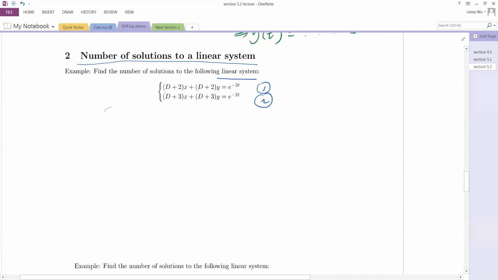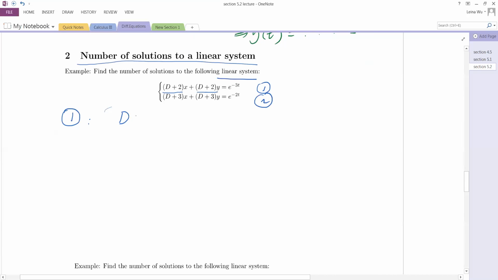Did you notice something in these equations that catches your attention? They have the same coefficients. Can we factor out these coefficients?